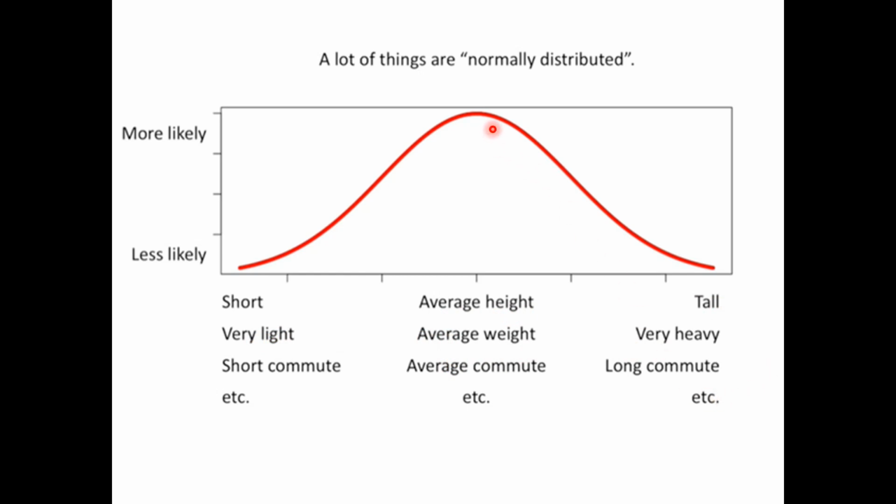So when we talk of the average or the mean, we are going to have an equal number, or nearly equal number, on the left hand side and on the right hand side. That is the property of a normal distribution. So many of the things in life are normally distributed.